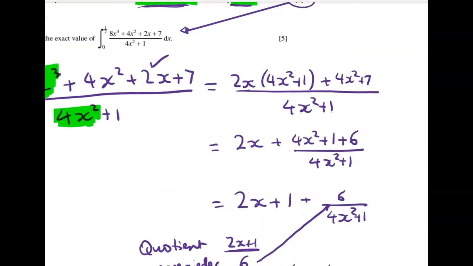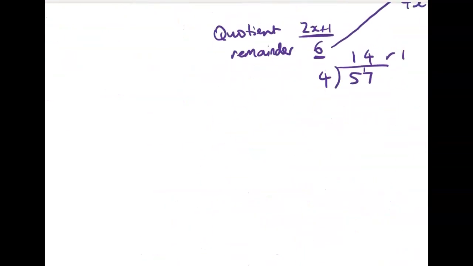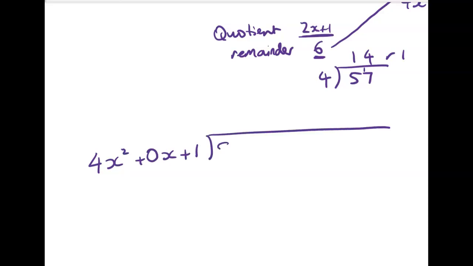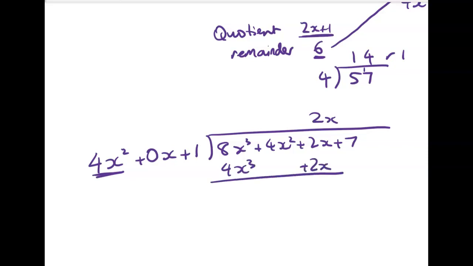So I'm going to do that now using long division as well. I'll try not to muck it up. So I've got 4x squared plus 0x plus 1 being divided into 8x cubed plus 4x squared plus 2x plus 7. Starting out in the same way, we're going to have 2x here, and we get 8x cubed plus 2x. You can see that this is just a different way to do what we just did.